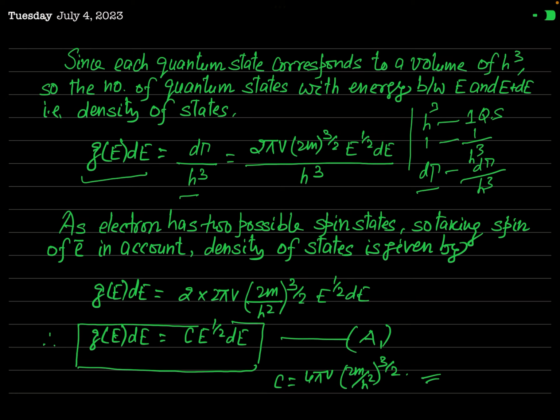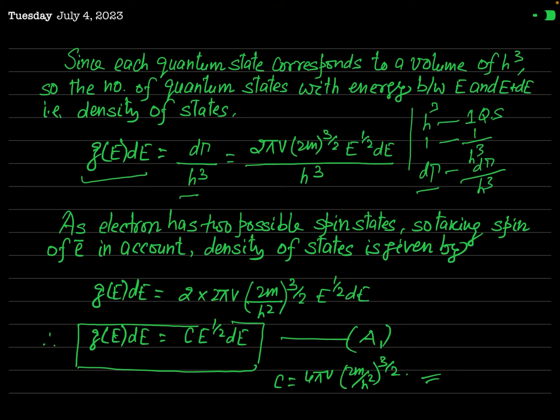But till now we have not taken the spin of the electron into account. This result is valid for the Maxwellian particle or the classical particle where spin plays no role. But here our particle is the electron, which is a fermion, and you know that the electron has two spin states. It may have up spin or down spin.